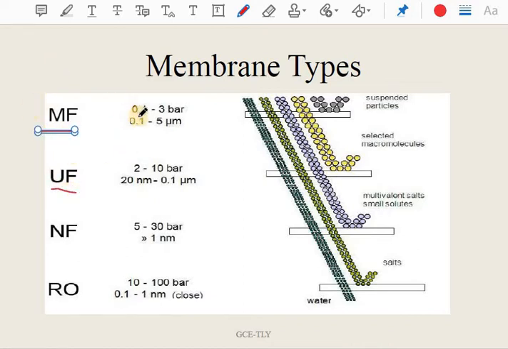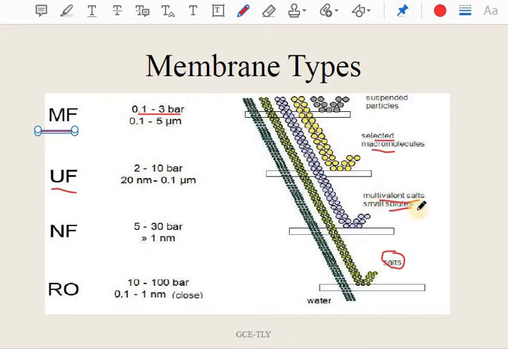So microfiltration operates at a pressure of about 0.1 to 3 bars, and this removes only suspended particulate matter. Ultrafiltration removes selected macromolecules, while nanofiltration removes multivalent salts and small solutes, and RO removes the remaining salts, and only water passes through the RO membrane.